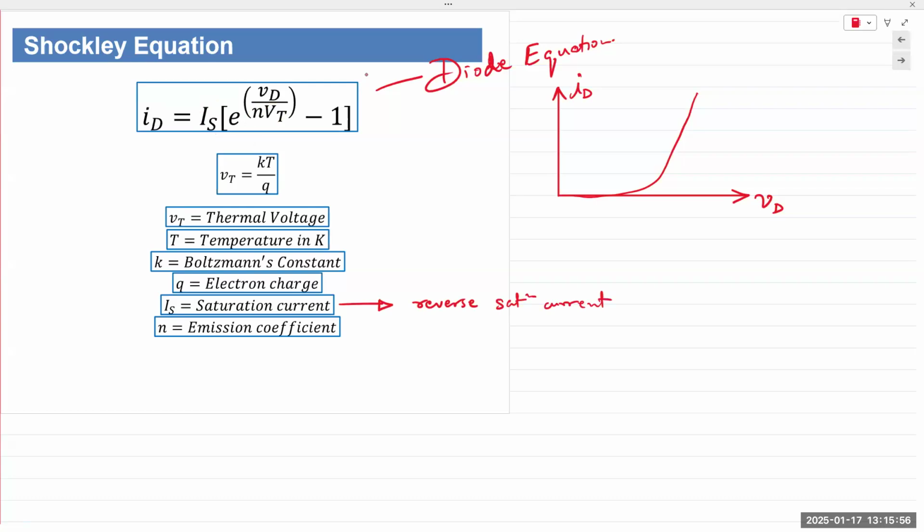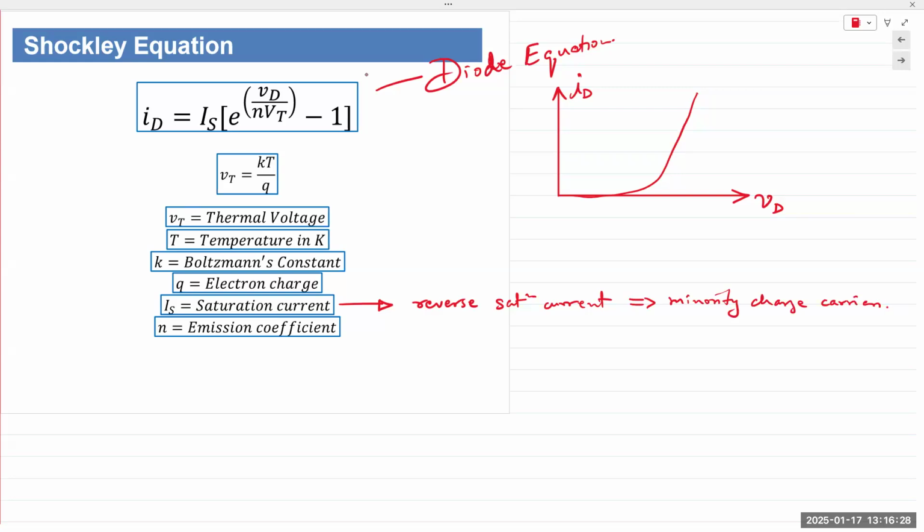It arises from the fact that there are minority charge carriers in a PN junction, and they move in response to the applied electric field. In a p-type material, electrons are the minority carriers. In an n-type material, holes are the minority carriers.